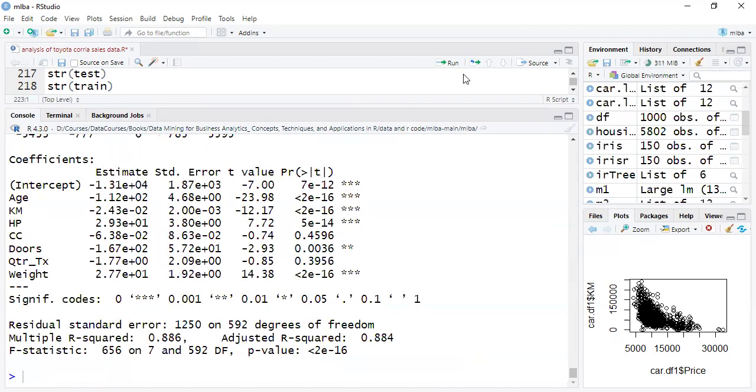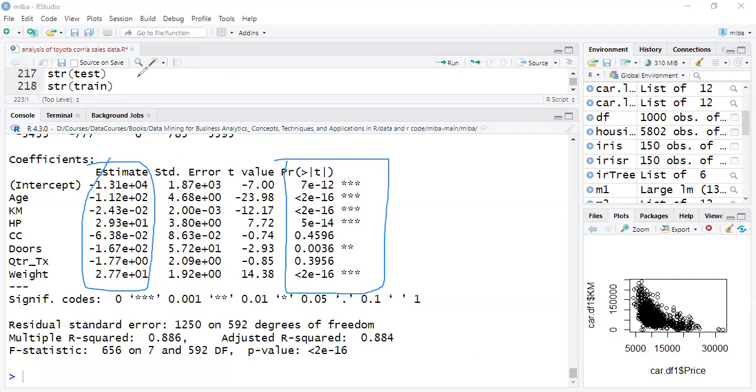Very important output elements are the estimates. These are the estimates. And the last are the p-values. These two columns are very important for all of you. Estimates are used to find out the model.